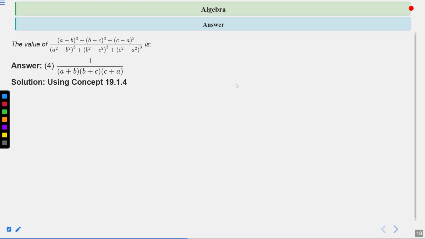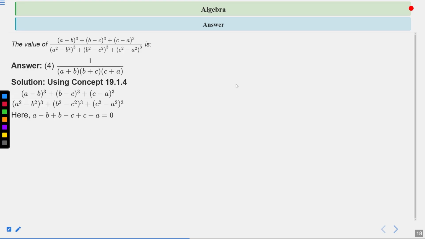Now see the detailed solution using concept 19.1.4 in this question. So we just break the given identities.